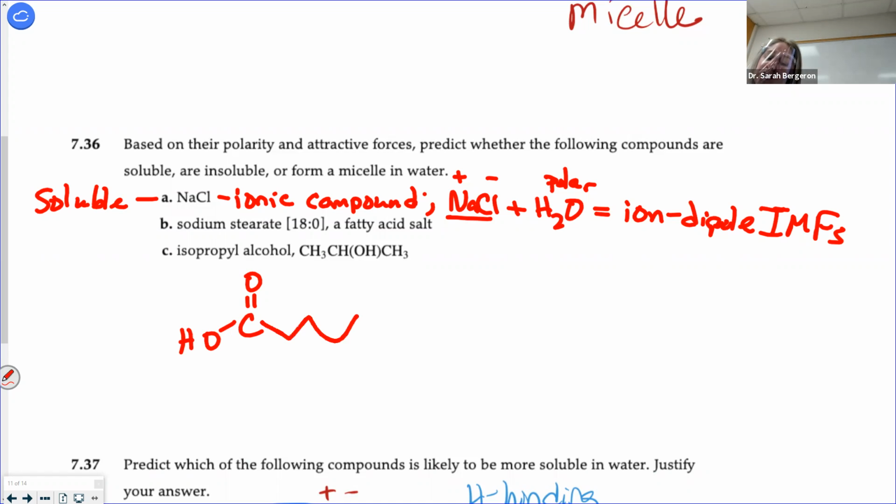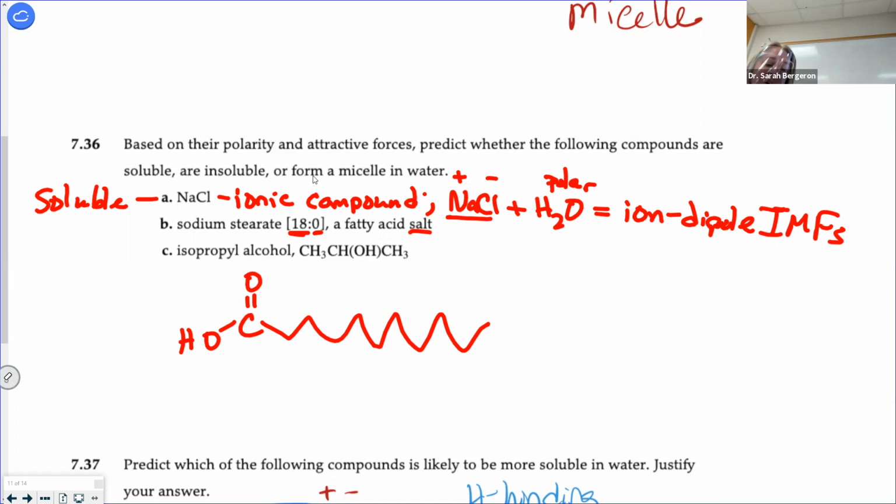And then it's bound to carbons, and this is telling you how many carbons are there. There are 18 carbons there, and there are no double bonds. So it's all single bonds, and I'm not drawing all 18, but this is basically what a fatty acid looks like, right? So what's a fatty acid salt?